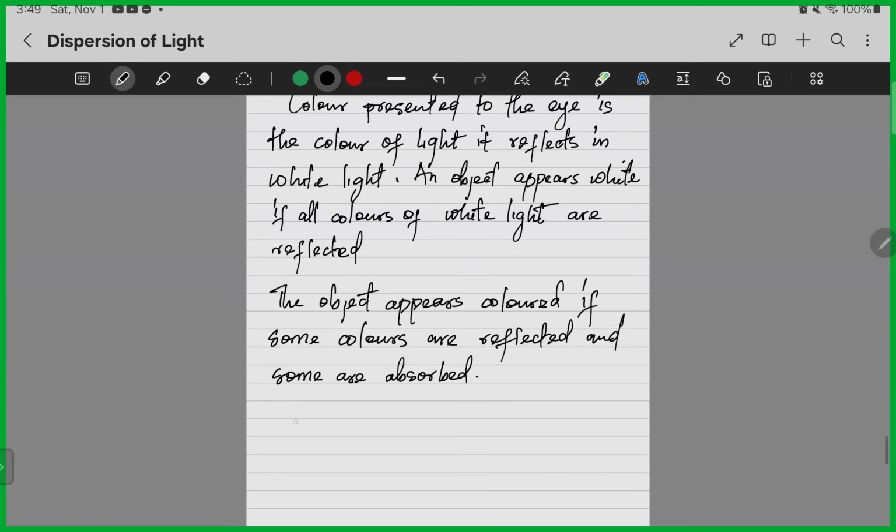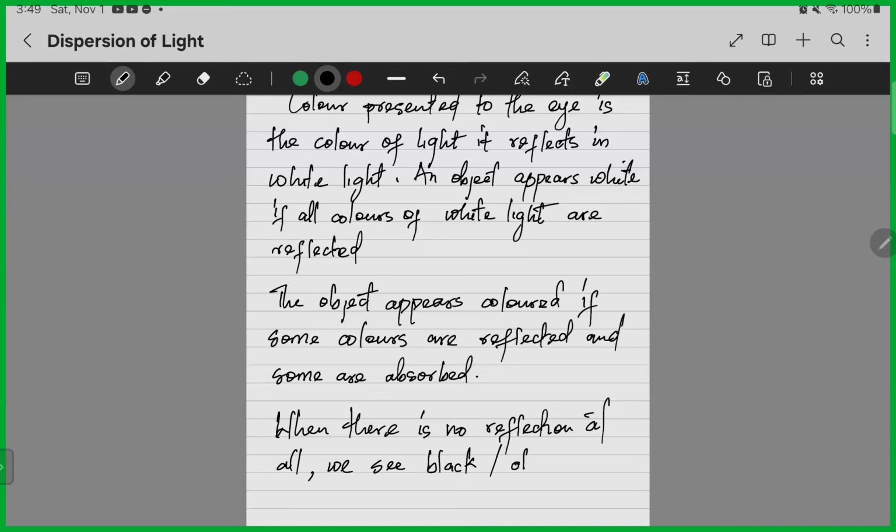When nothing is reflected at all, when there is no reflection, we see black. Or we say the object appears black.